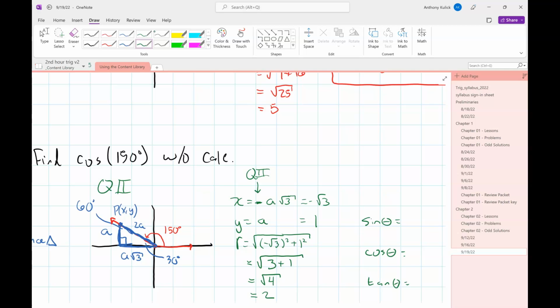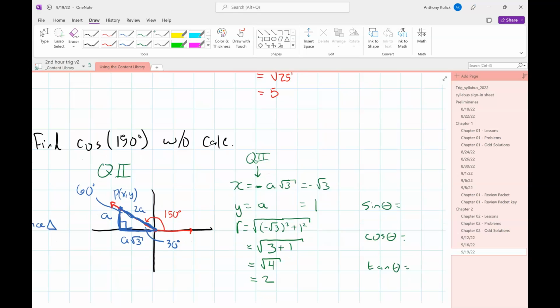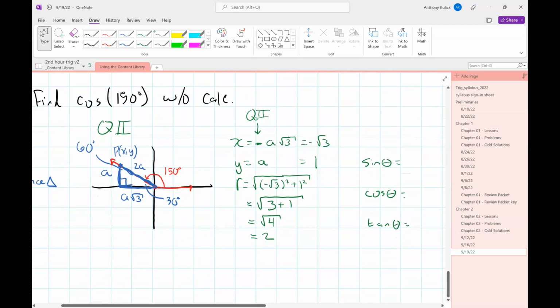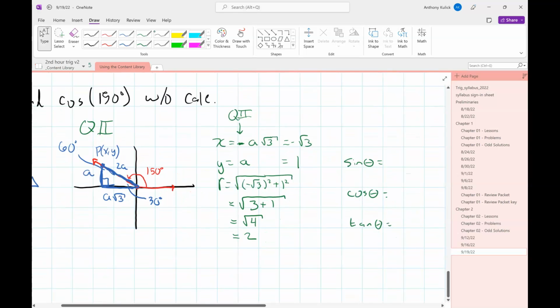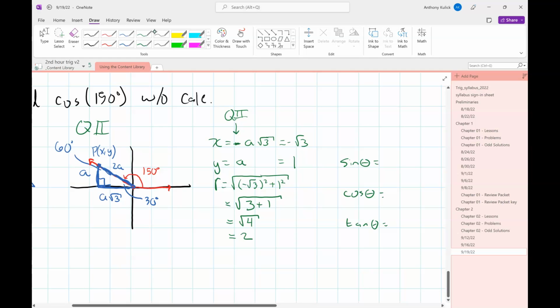All right. So we've done the hard part. We found the values for x, y, and r. Now all we have to do is plug those in to get the values for sine, cosine, tangent, etc. What's sine going to be? I would think about it as y over r.